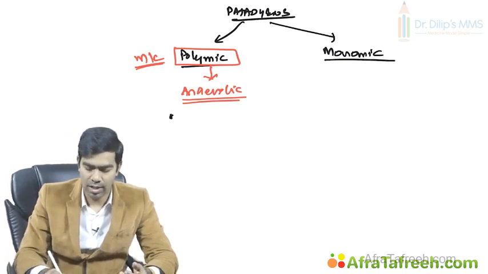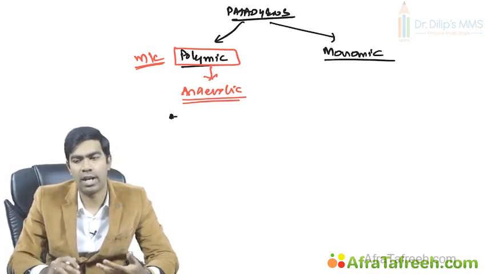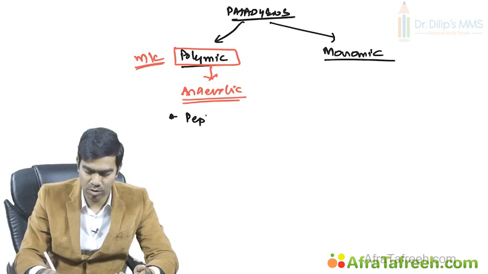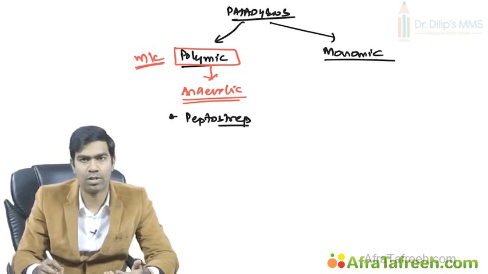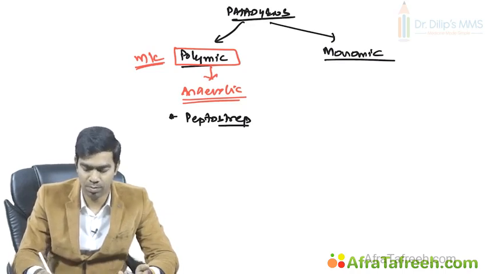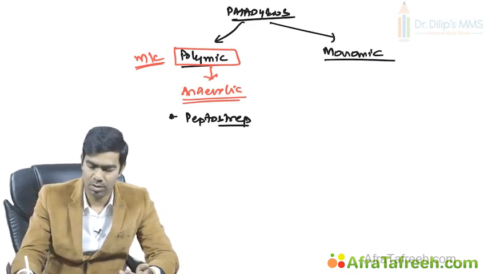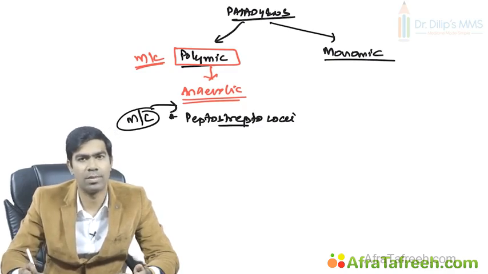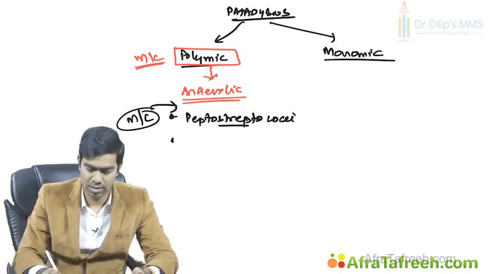Clear? So what are the anaerobes that are very commonly and likely to be encountered in a lung abscess patient? Number 1 is Peptostreptococcus. Remember, this is a streptococcus only, but an anaerobic streptococcus. That's why it's a gram-positive anaerobe, Peptostreptococcus. And this Peptostreptococcus is supposed to be the most common anaerobic organism encountered in a lung abscess patient.